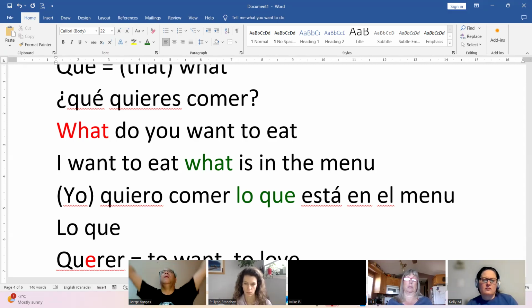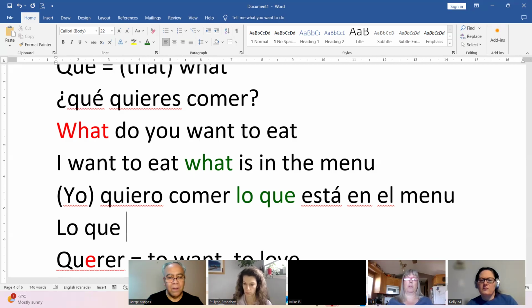What I want is not in the menu. So in this case, you would start with lo que. Otherwise, if you don't put the lo, as you were saying, Jill, acknowledging the it factor, you turn that into a question. But you don't want to say a question, you want to make a statement. So go for it.